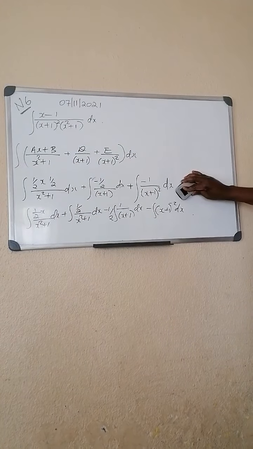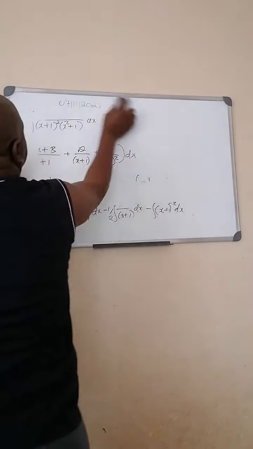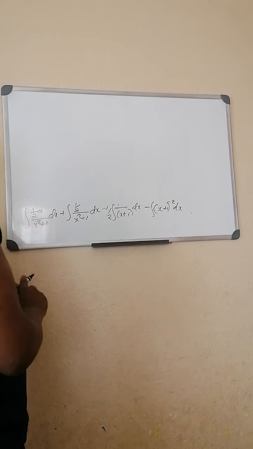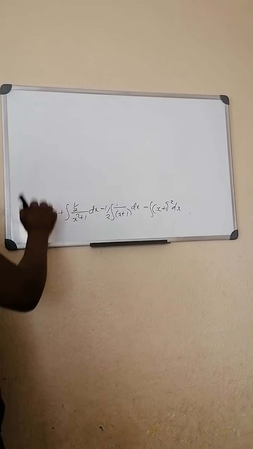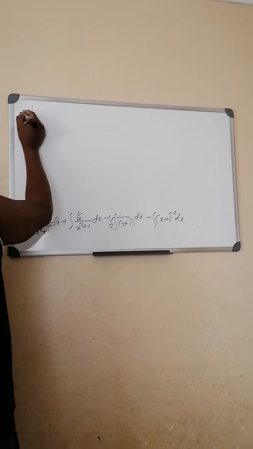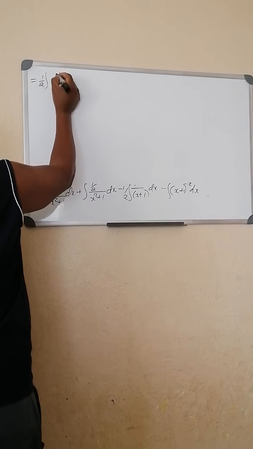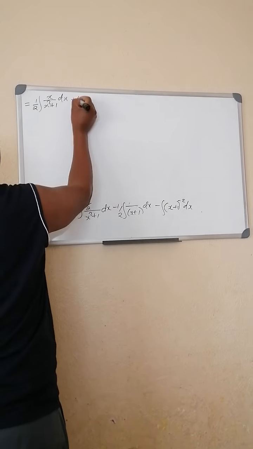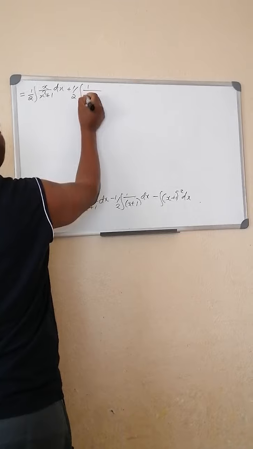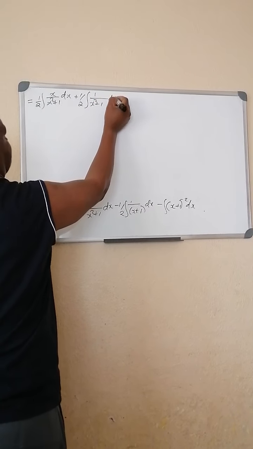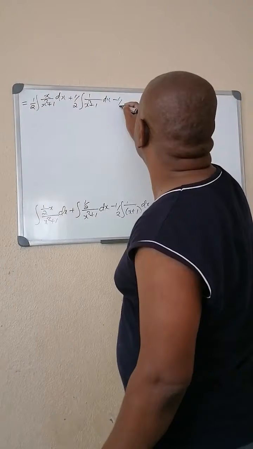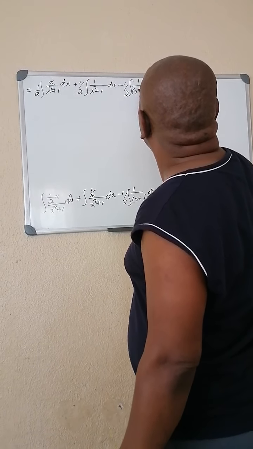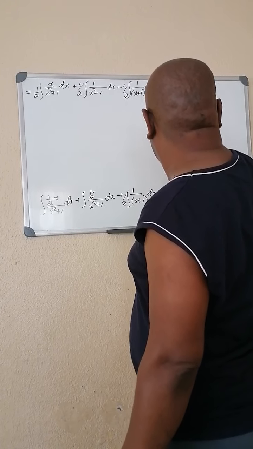I'm going to take this off so that I can have enough space. This part, you can take half out. Then you are left with x over x squared plus 1. The second part, you can take half out, so you are left with that part. The third part, you have simplified. This is 1 over x plus 1 dx.